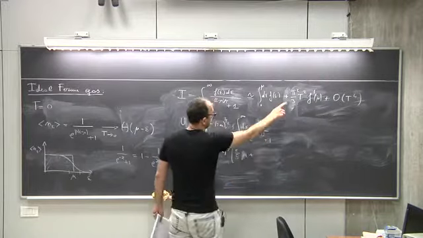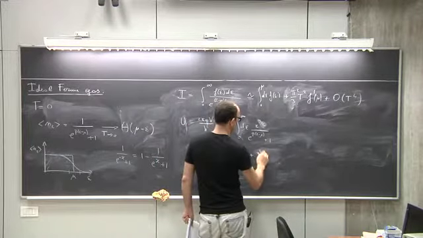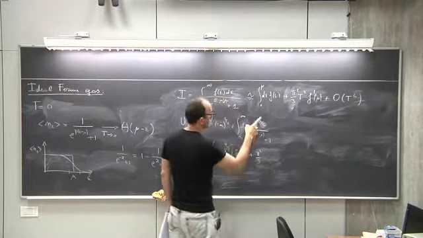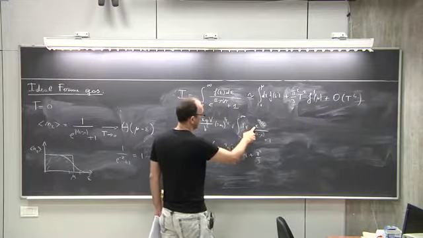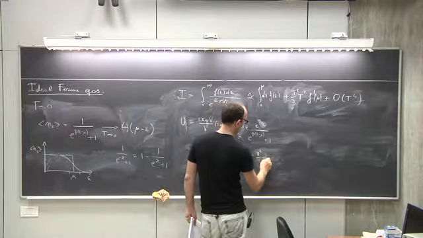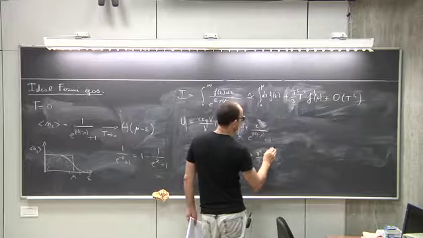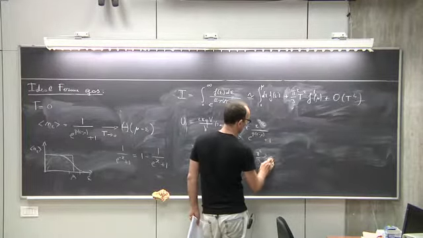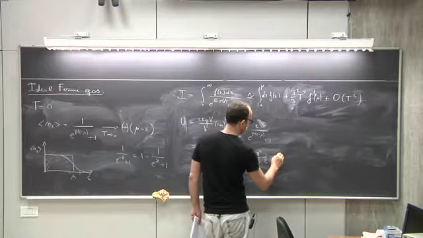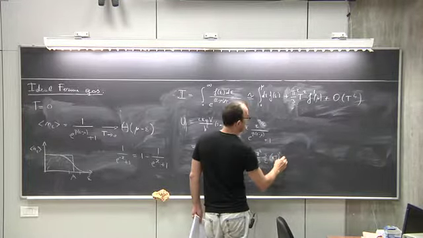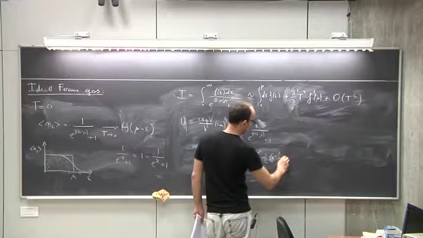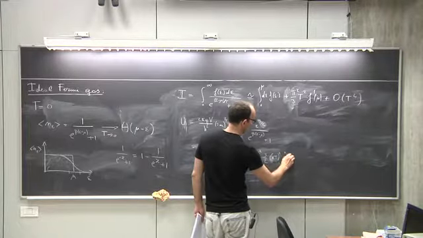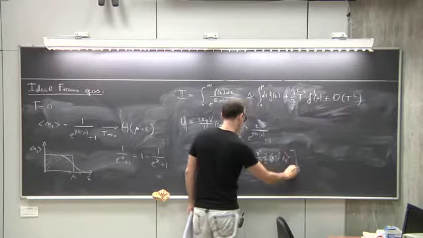And the other term will give you pi squared over 3 times the first derivative of this, which is 3/2 times epsilon f, times kT squared, times epsilon f to the 1/2. Okay.